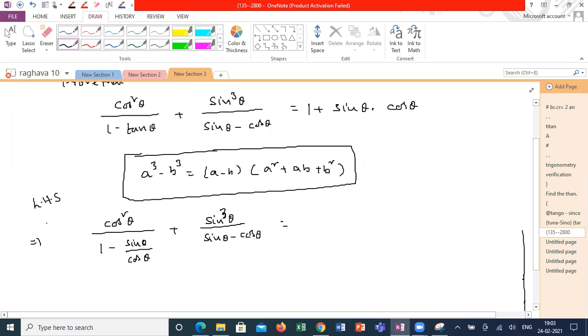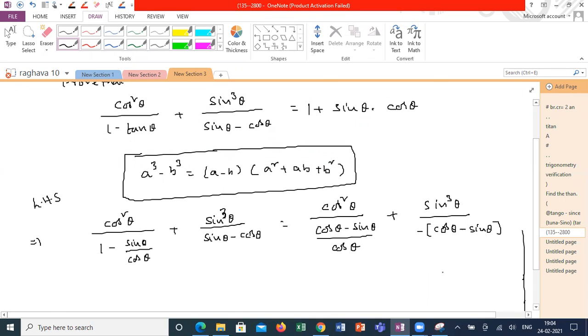Taking LCM in the denominator of the first term, I get cos square theta divided by cos theta minus sine theta divided by cos theta. To make the denominator same, I write the second denominator as cos theta minus sine theta, taking minus common.